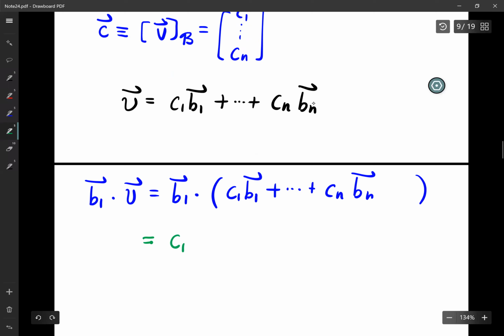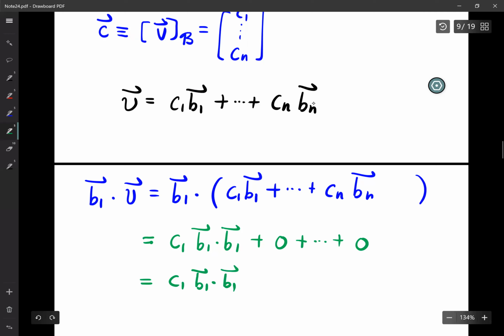C1 times B1 dot B1. I didn't say it is orthonormal, so I keep the square of the length here. And then I have C2 B1 dot B2, but it's an orthogonal basis set, so B1 dot B2 is 0, all the way to the last one, B1 dot Bn is 0. So this is C1 B1 dot B1.